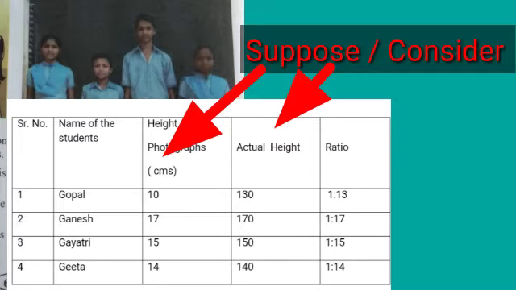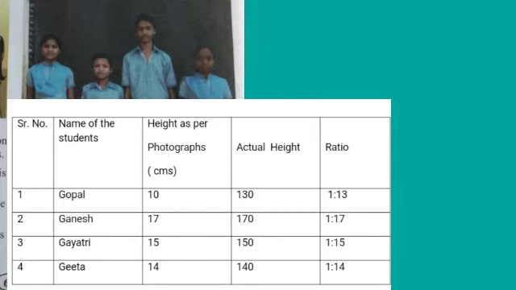His height ratio is 1:17. The height of Gayatri as per the photograph is 15 cm and actual height is 150 cm and her height ratio is 1:15.